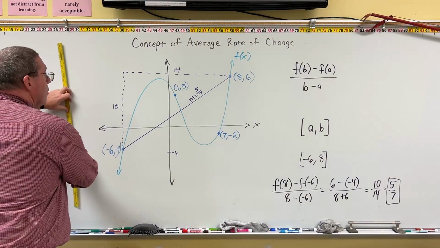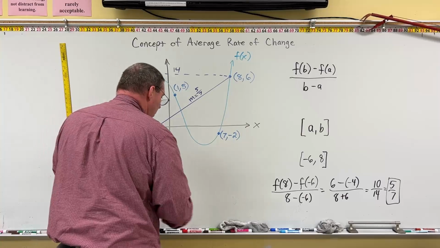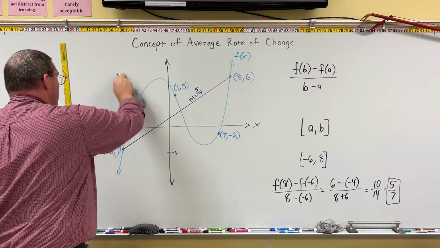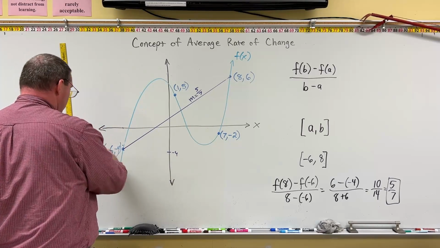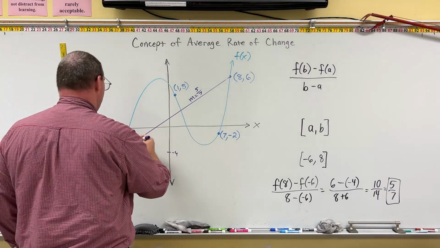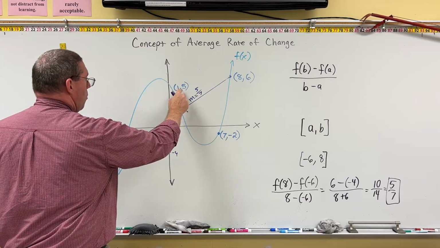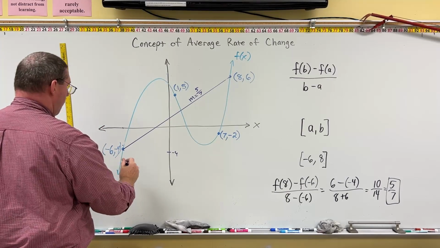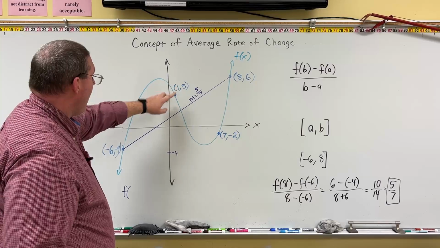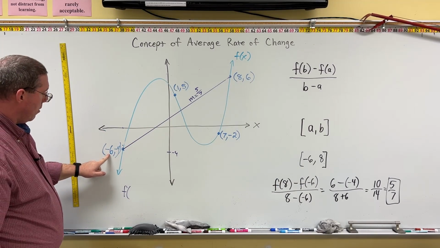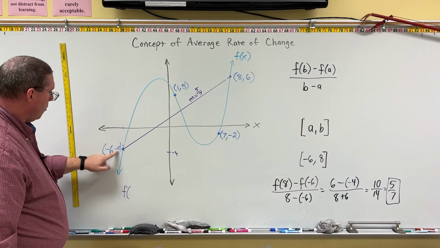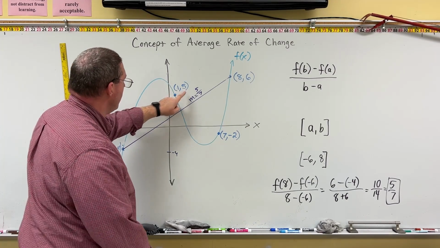Okay? All right, well, can we do any others here? Well, yeah, we could do the average rate of change between (-6, -4) and let's say (1, 5). Okay? So if we do (1, 5) and (-6, -4), a would be -6, b would be 1. f of a would be -4, and f of b would be 5.